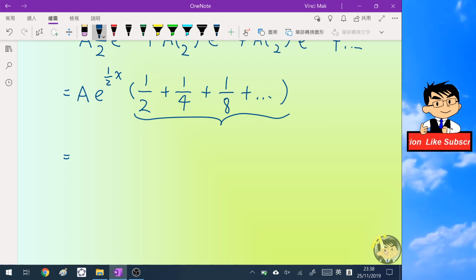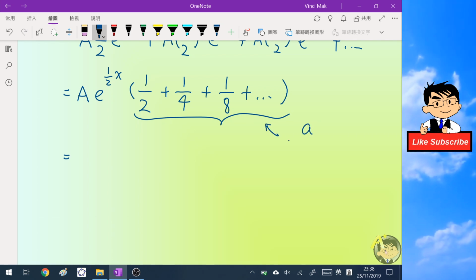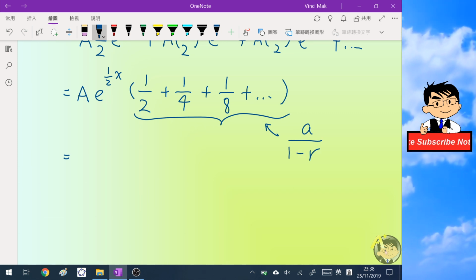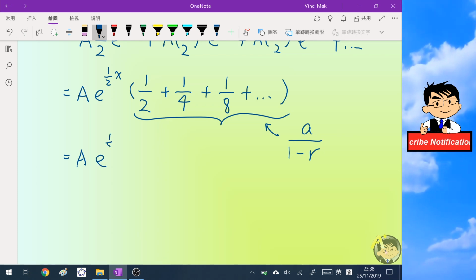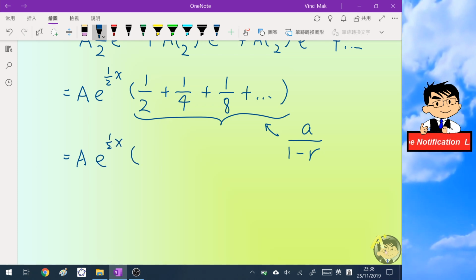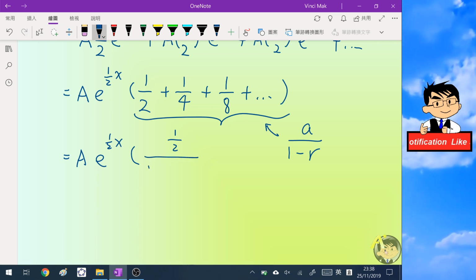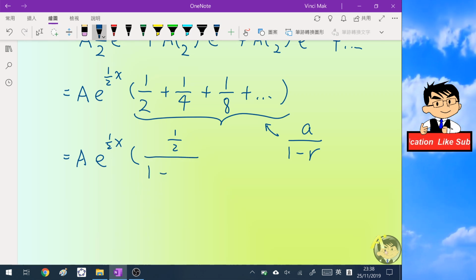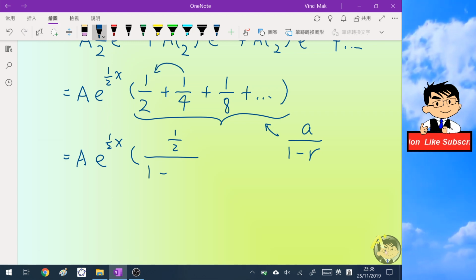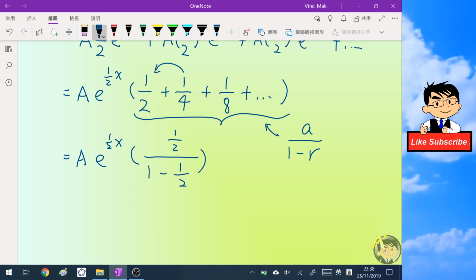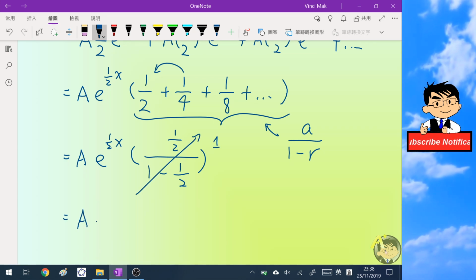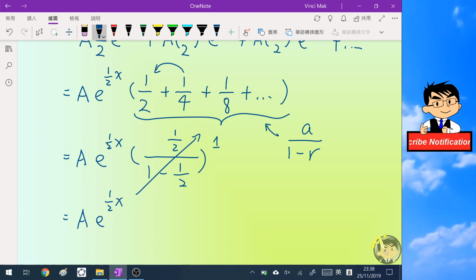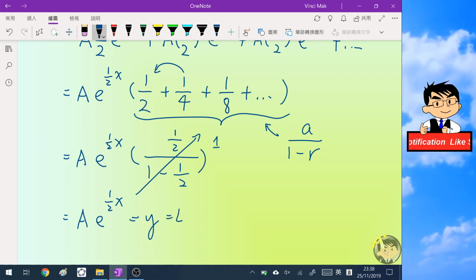So we can apply the formula for the sum to infinity, a over 1 minus r. In the front we still copy this, and the first term is half over 1 minus the common ratio, which is the second term over the first term, which is also 1/2. So this becomes 1, and it becomes a times e to the power of half x, which is equal to the left hand side.